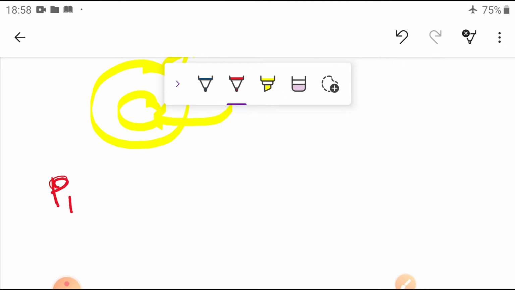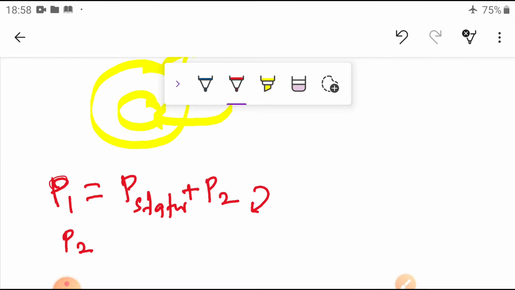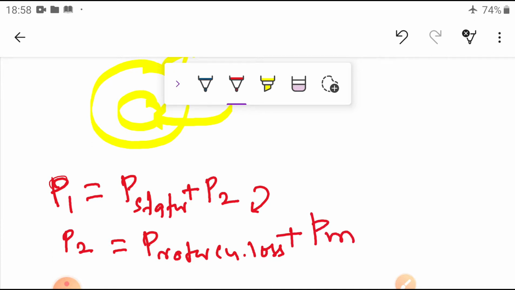My P1 is equal to, we can write it, P stator loss plus P2. Now P2 is equal to total input to the rotor, that is the rotor copper loss plus the total energy generated in the rotor.